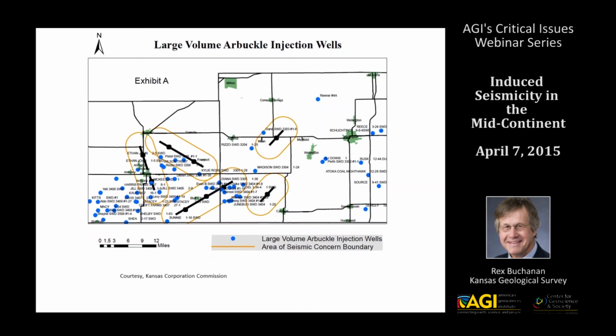And then at the end of 100 more days, or 180 days from the time of the order, we'll monitor, obviously, to see what we get in the way of events. We'll see what the response has been in terms of seismic activity, and the KCC will make an appropriate decision about how to alter that order at that point.